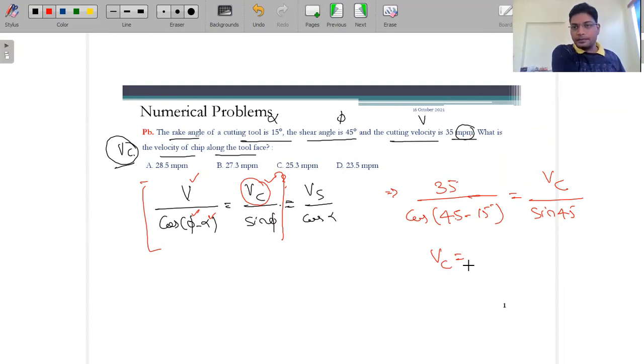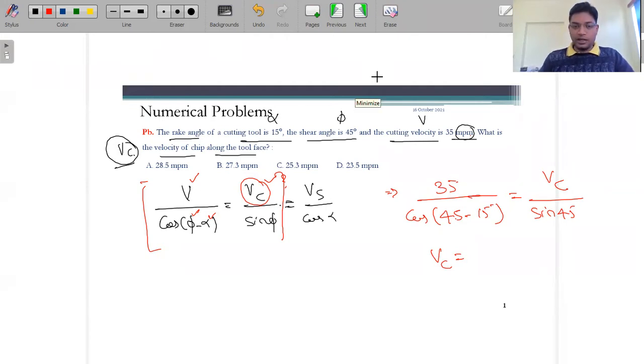Can you tell me the value of Vc from here? I am also calculating. I will not tell the first answer; you have to tell, right, Monisha? This is 28.57, right? Very good.